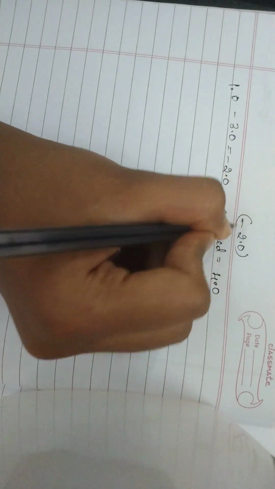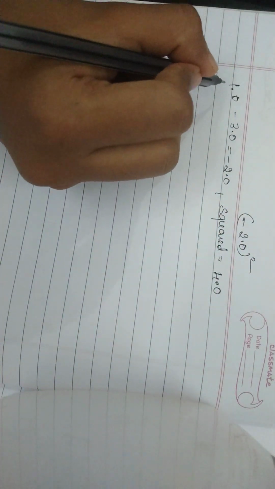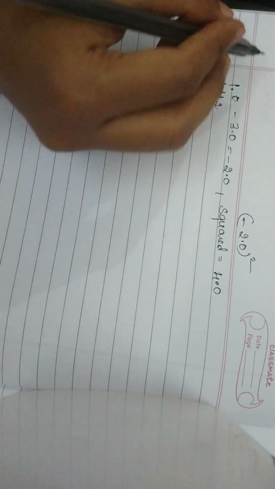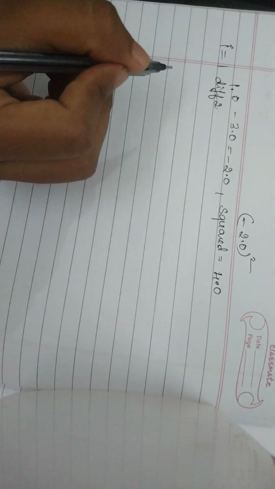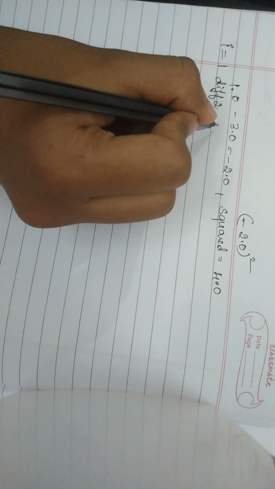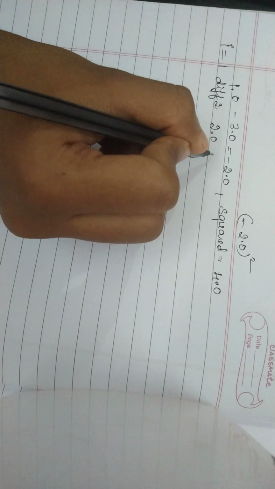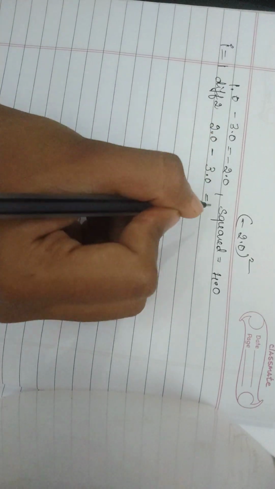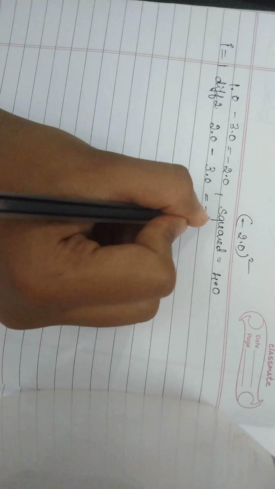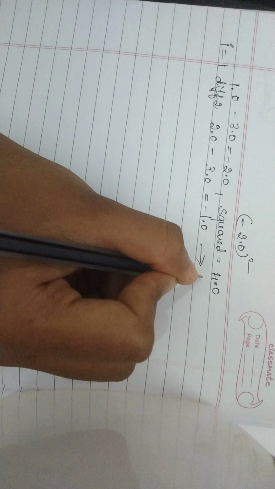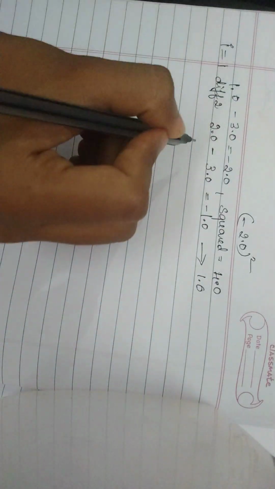Then for the difference 2, I is incremented to 1. So the value of 1001 is 2.0 minus 3.0, the mean. So we get minus 1.0.